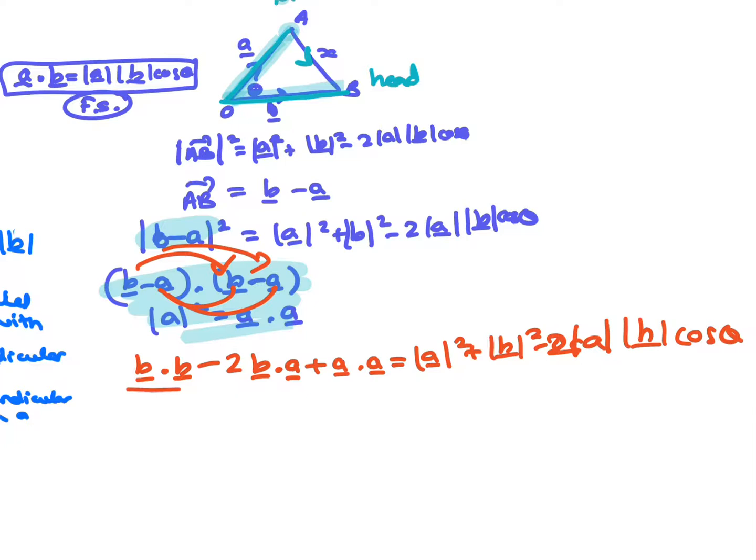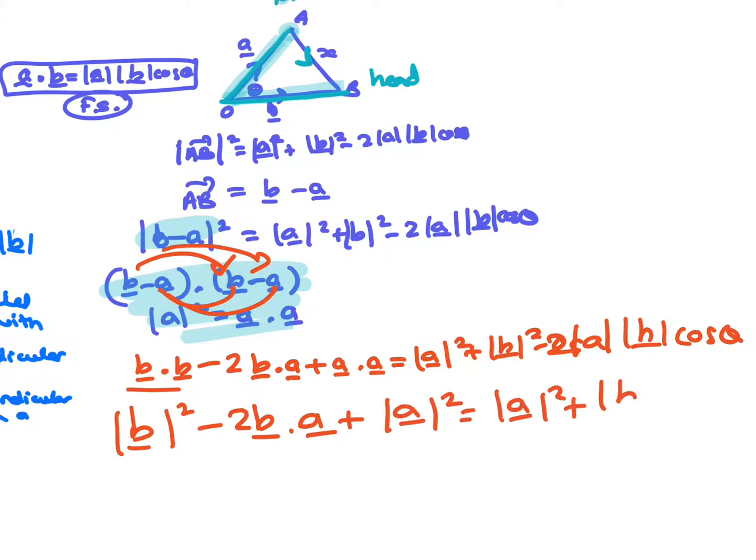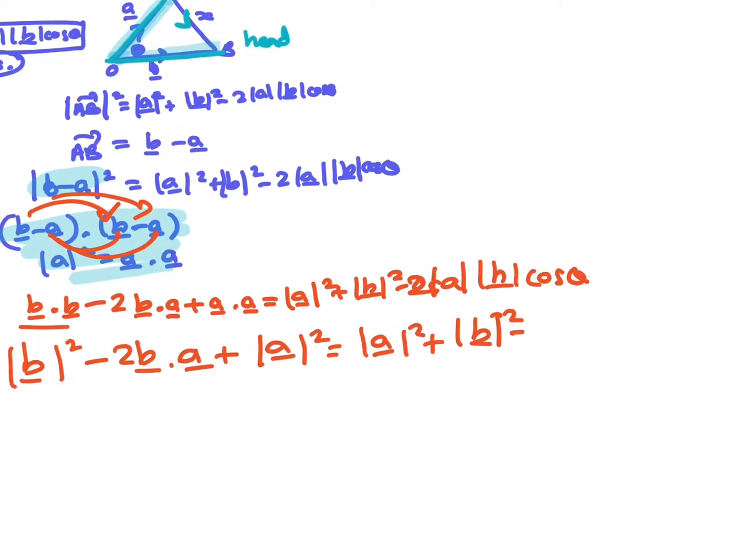So B dot B is equal to mod B squared, minus 2B dot A, and this is mod A squared, equals mod A squared plus mod B squared minus 2AB cos theta. So the mod A squared will cancel with the mod A squared, mod B squared will cancel with the mod B squared.